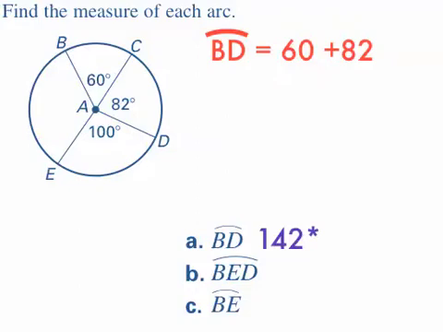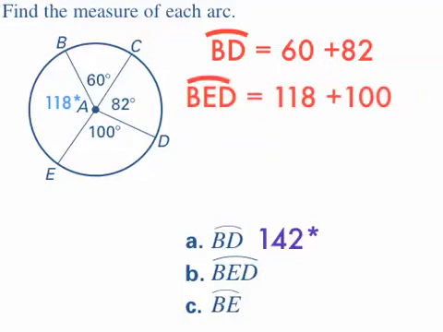So I would need to add 100 plus 82 plus 60 and subtract that from 360, and you get 118 degrees for angle BAE. So to find the major arc BED, I would need to add 118 plus 100, which would give me 218 degrees.